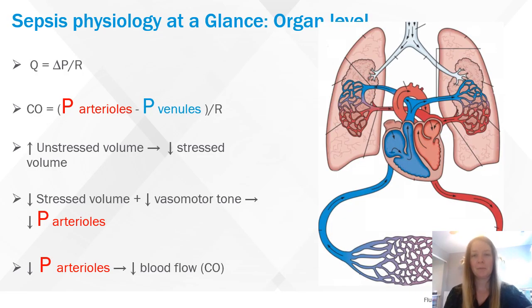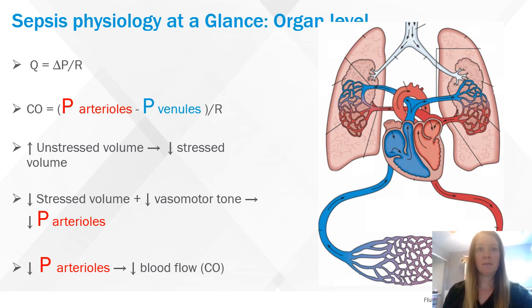So now we'll get a little bit more superficial with our discussion and look at sepsis physiology from an organ level. Now, has anyone heard of Ohm's law? Okay, so if you are looking up here at the top, Q, this is Ohm's law, meaning flow from any sort of fluid in a closed circulation is equal to the change in pressure, which there has to be a pressure gradient, divided by R, which means resistance.